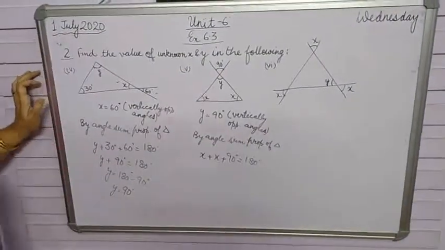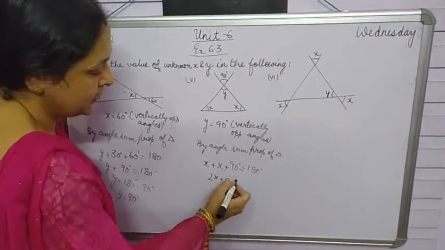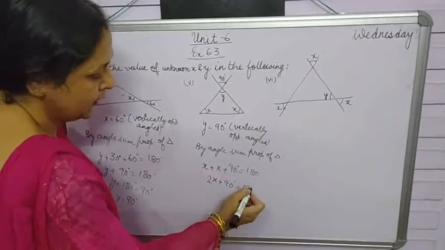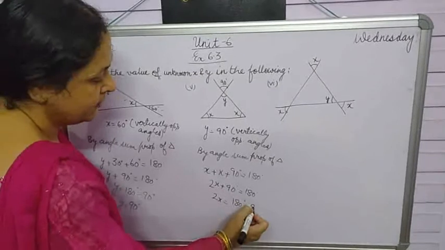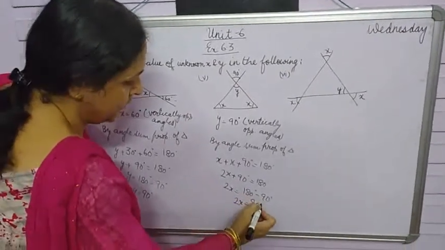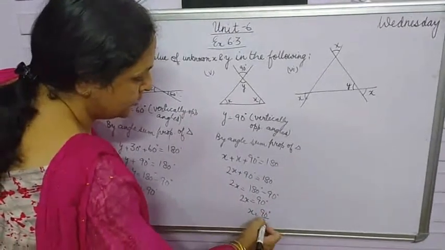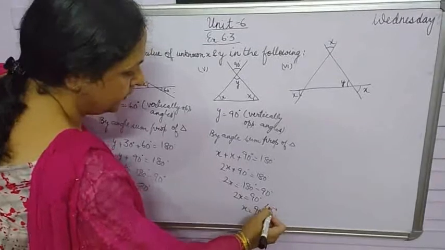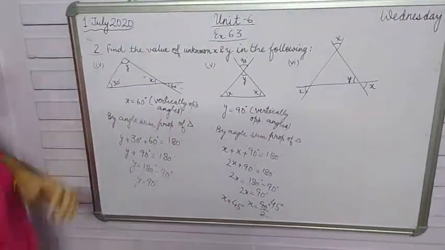Now x plus x is 2x plus 90 degrees is equal to 180 degrees. 90 when it goes to that side will be subtracted. So 2x is equal to 90 degrees and x is equal to 90 divided by 2, that means 45 degrees. So x is equal to 45 degrees.